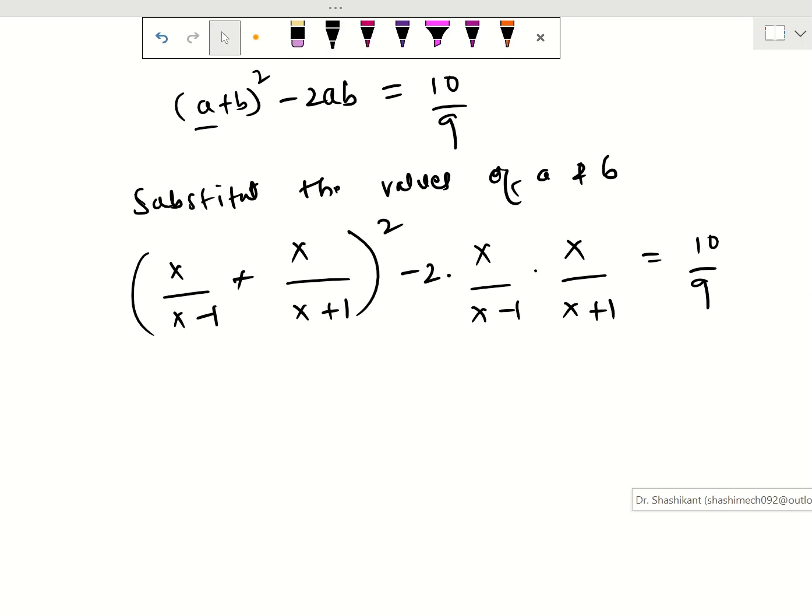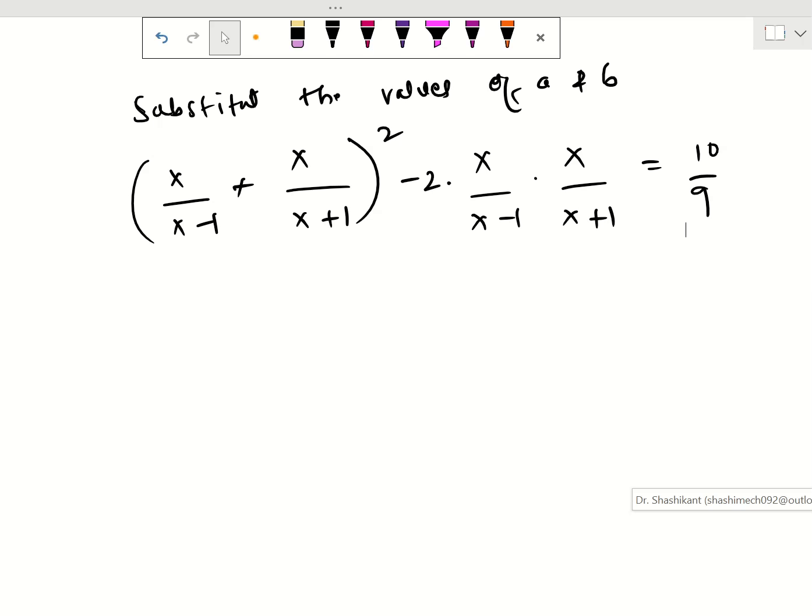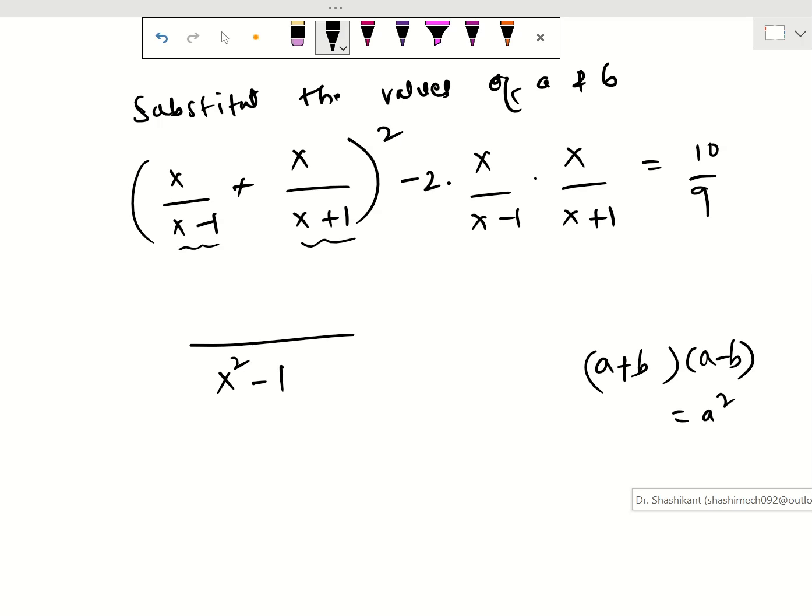If we solve this one, observe here: x minus 1 and x plus 1. If we take the LCM, then the formula will be a square minus b square, where one square is one only, as we know from the a plus b into a minus b formula, which is a square minus b square.